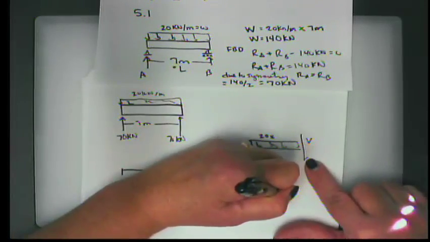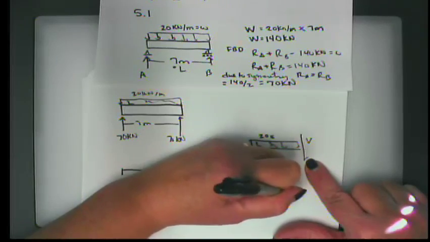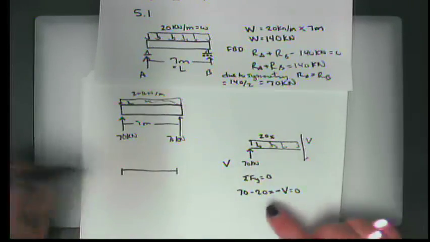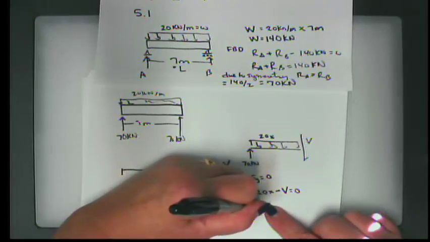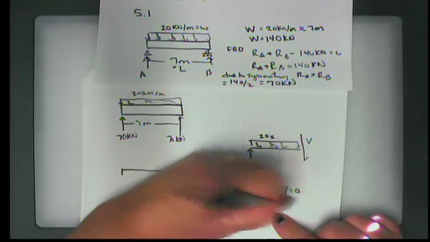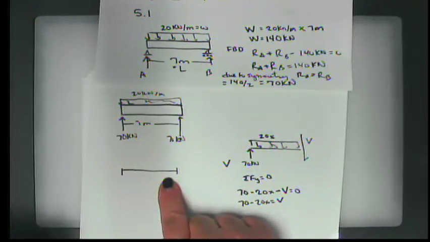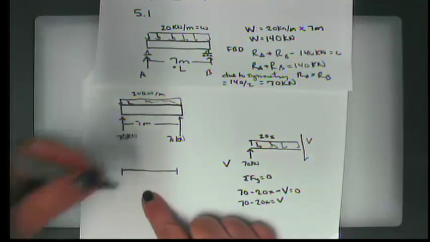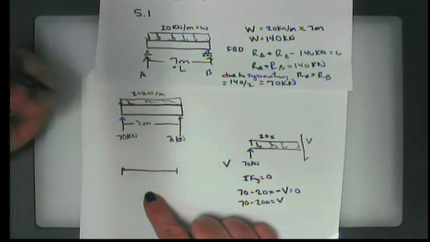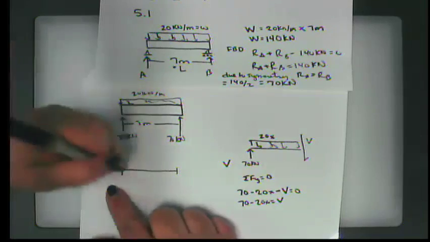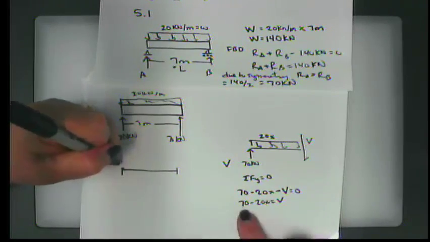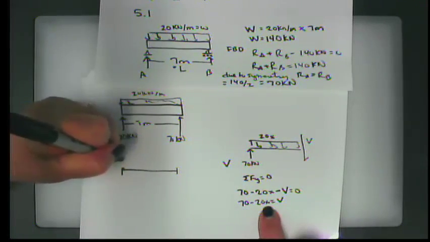Then this is pushing down in this case, so that's minus V equals 0, or 70 minus 20x equals V. Well, what does that mean for my beam? What it means is that when I start here, x is 0, right? So that means that this is going to be 70.